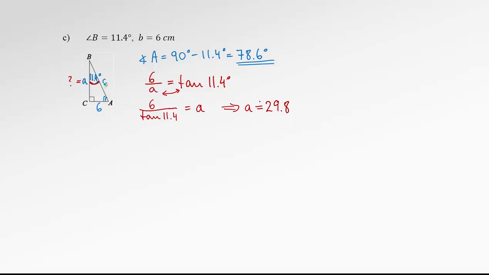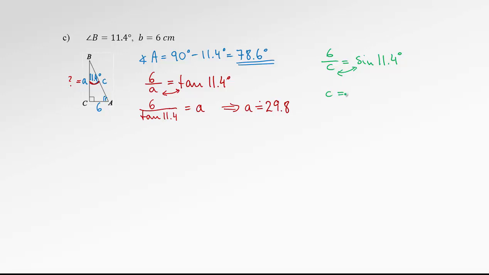Finally, to find c, we can, for example, create a ratio 6 over c. That will be opposite over hypotenuse with respect to the angle 11.4. Okay, let's write it down. 6 over c is the same as sine, opposite over hypotenuse, it's sine of 11.4. Okay, again, let's swap the c with the sine.